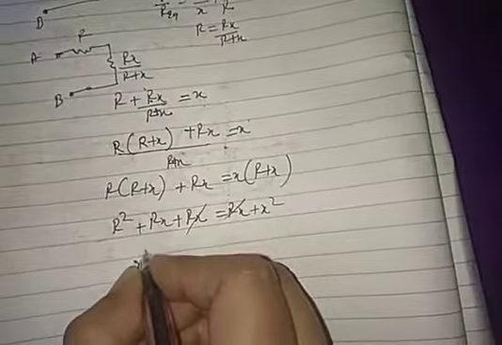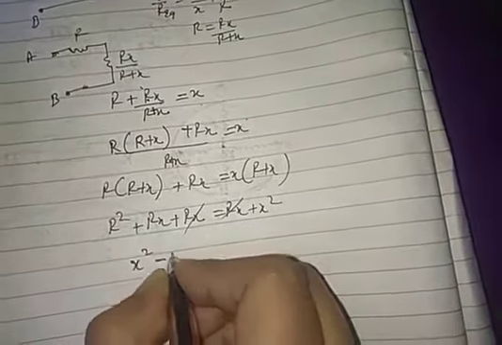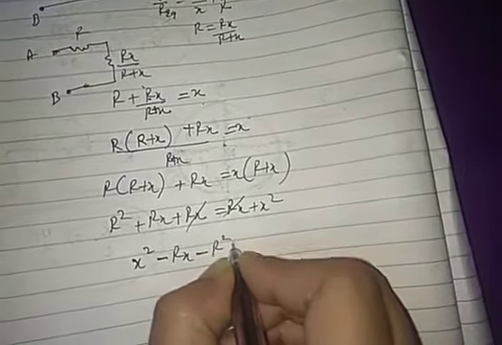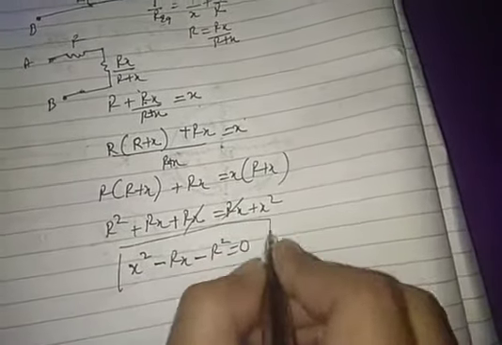So one RX got cancelled. It now forms the equation X square minus RX minus R square equals 0. So it became a quadratic equation.